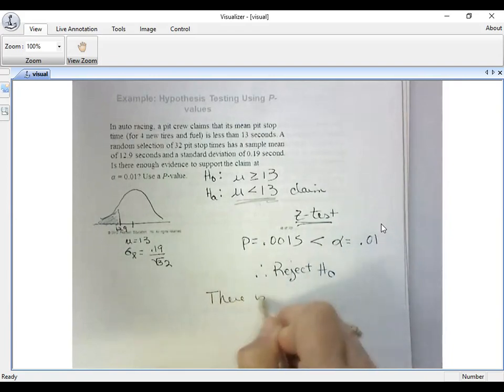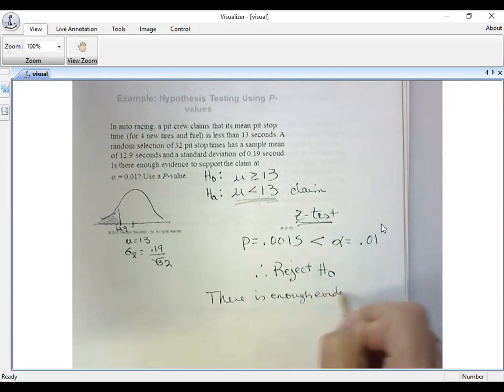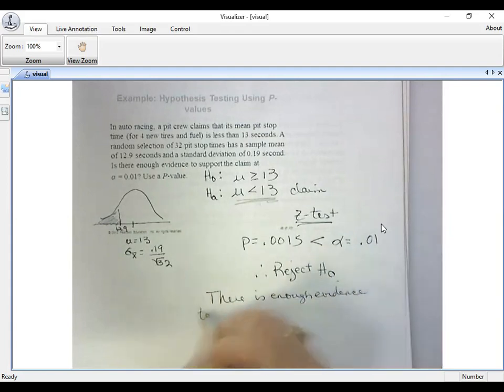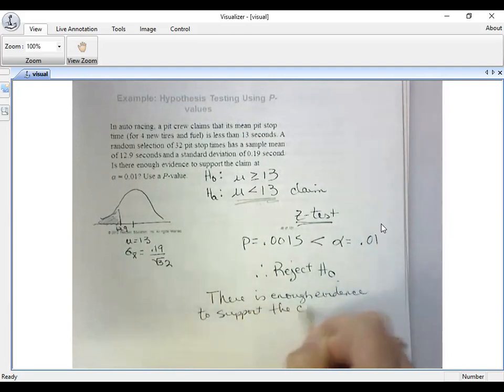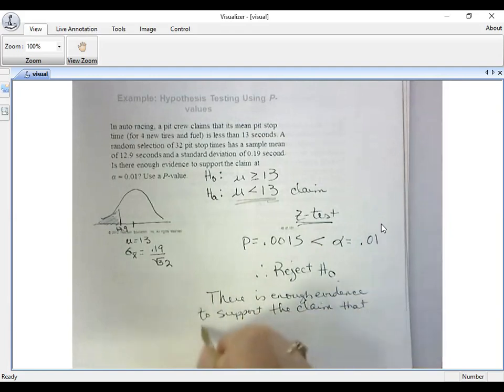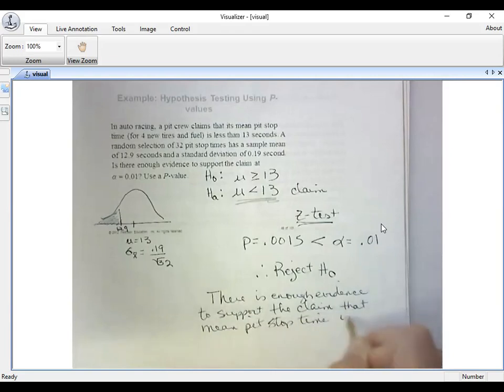There is enough evidence to support the claim that the mean pit stop time is less than 13 seconds.